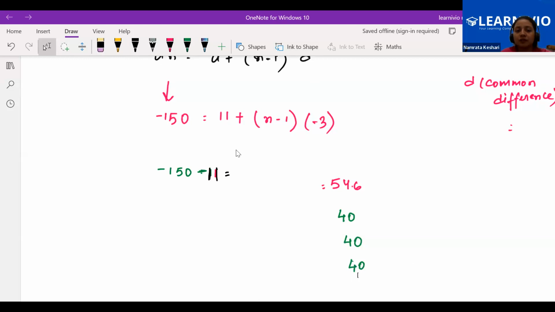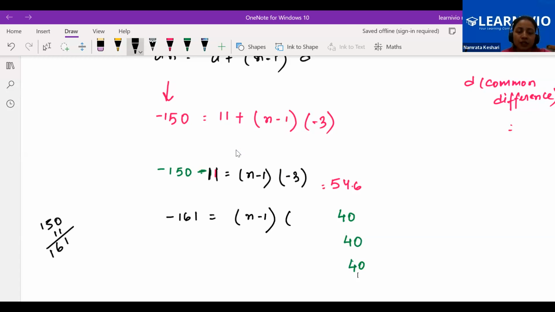Then here we'll be having (n minus 1) into minus 3 will remain as it is. Minus 150 minus 11, that means we have to do the addition of both. So 161, but that will have negative sign. So minus 161 is equal to (n minus 1) into minus 3.